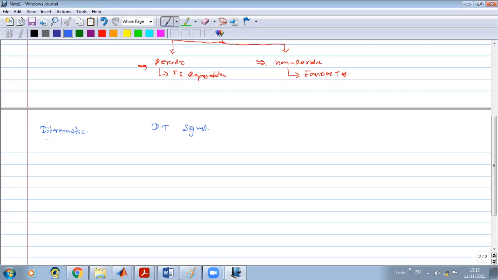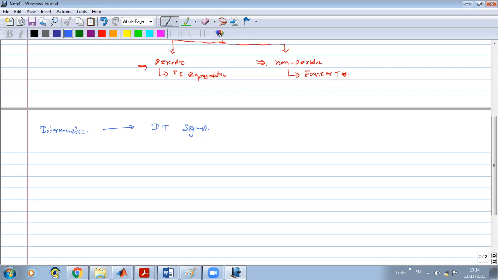But if the signal is random, we can't do it. We have to approach some statistical analysis. We have already discussed those things, I hope you can remember, in our Signals and Systems one, not deeply, but superficially. So this is the deterministic discrete time signal.